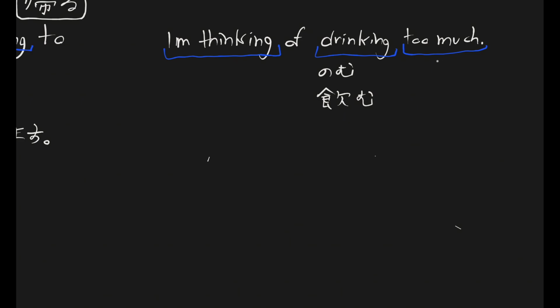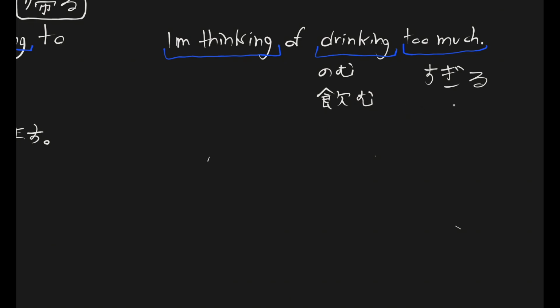So too much would be sugiru, and sugiru means too much when adding to a verb. So sugiru at the end of nomu would mean drinking too much.